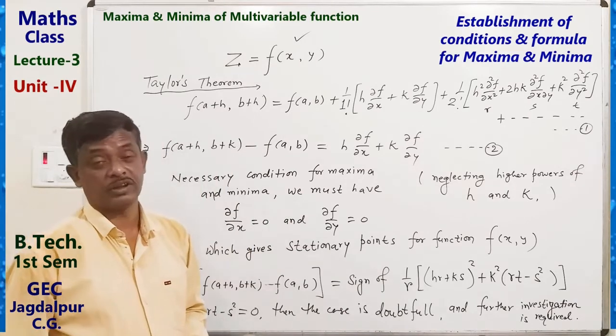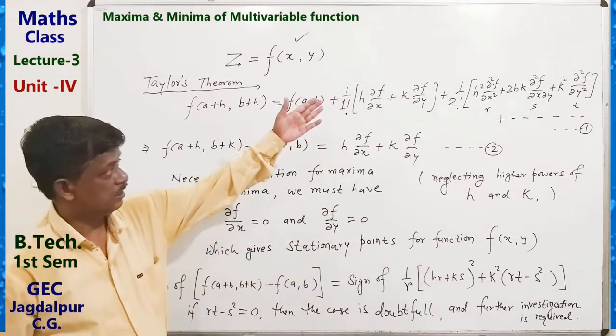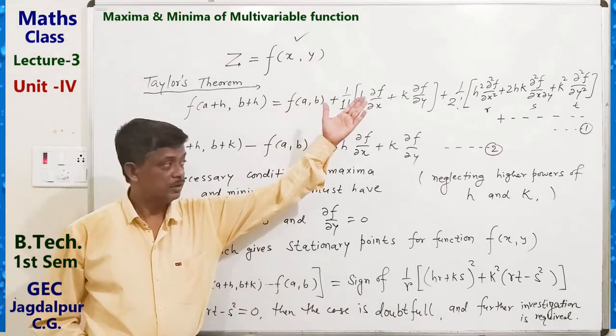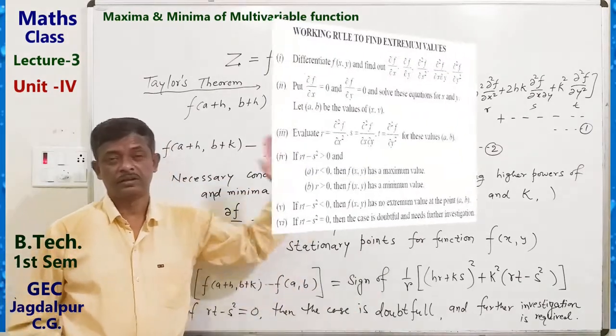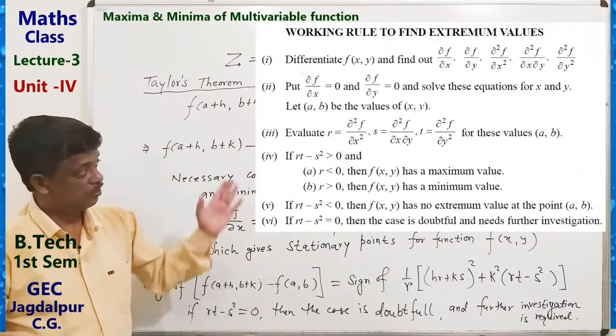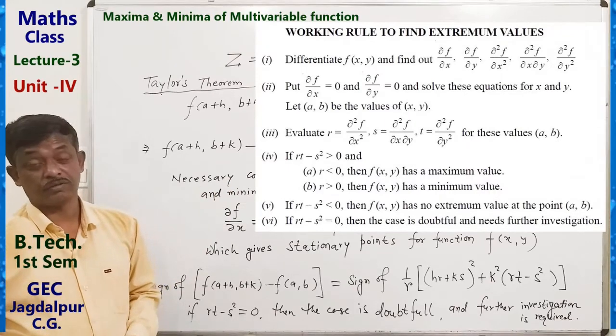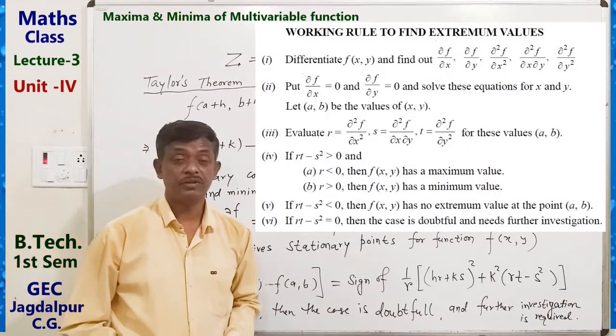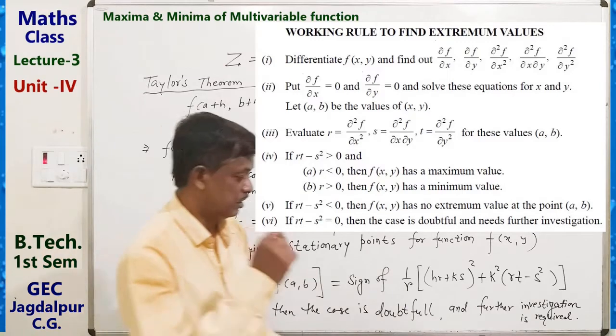What will be our working rule? Just see in this sheet: the working rule for finding maximum and minimum value of a function of two variables.